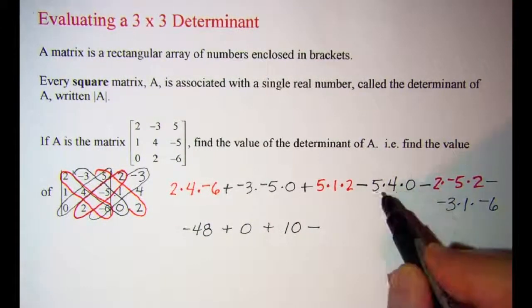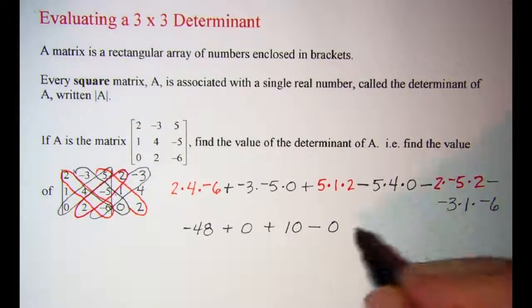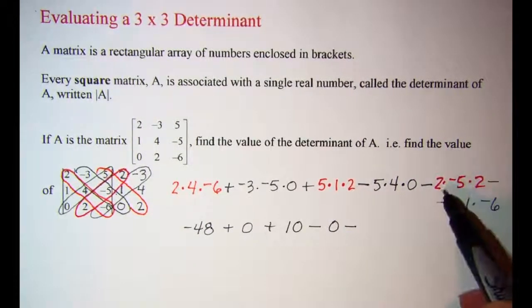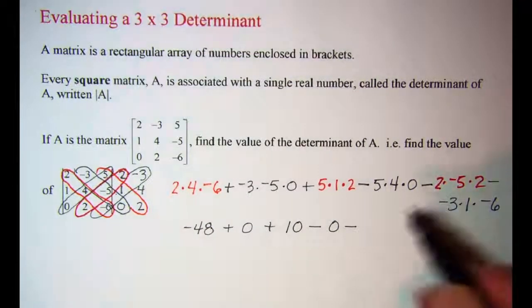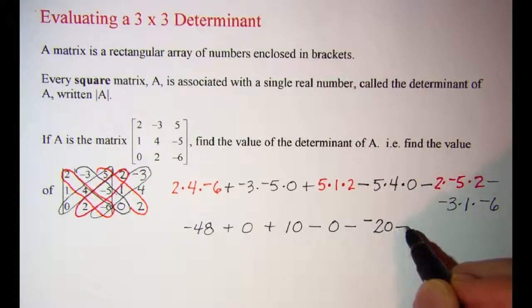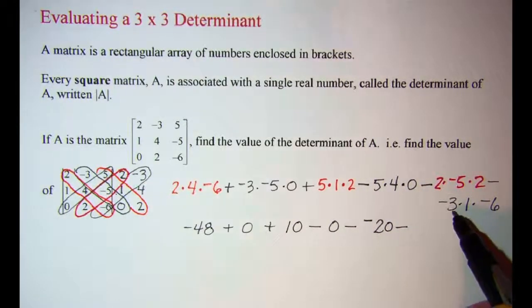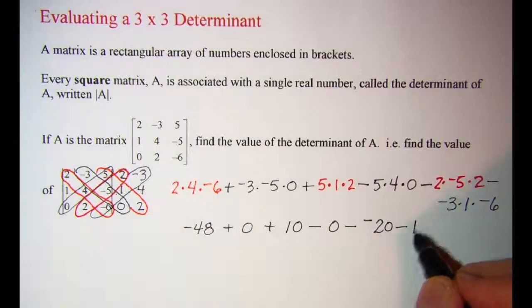Subtract 5 times 4 times 0, that's 0. Subtract 2 times -5 times 2 is going to be a -20. Subtract -3 times 1 times -6 is +18.